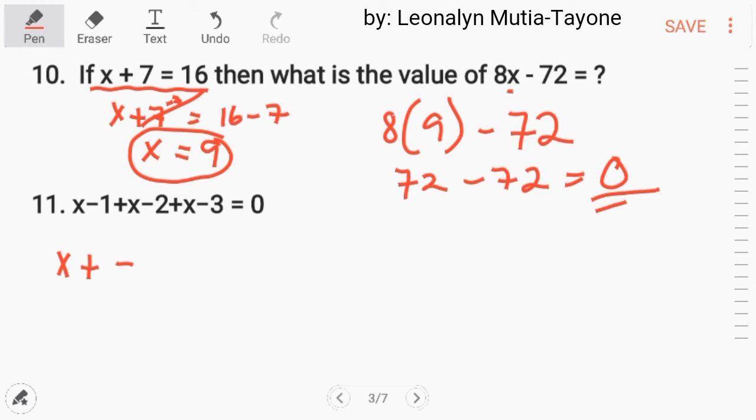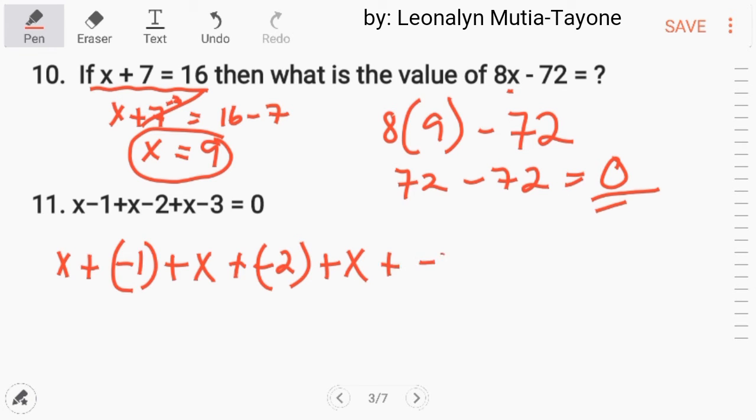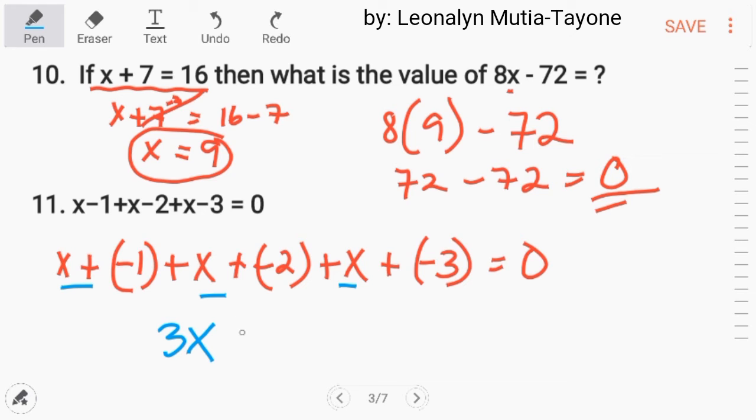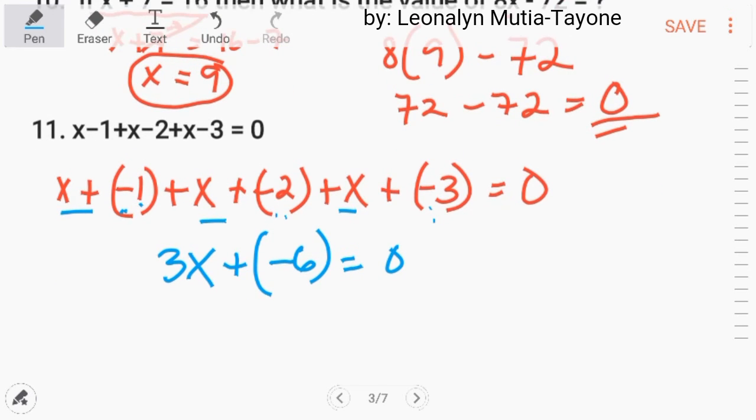X plus negative 1 plus x plus negative 2 plus x plus negative 3. So, ipagsama ang mga like terms, tatlong x, and that is 3x, plus tatlong negative: negative 1 plus negative 2 and negative 3, and that is negative 6. Equals 0. Or this can be written as 3x minus 6 equals 0.